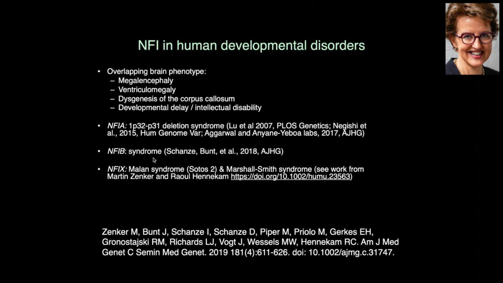And NF1X is associated with Malan syndrome and Marshall-Smith syndrome. And Martin Zenker and Raoul Heinkemann have this very nice review paper here on these different syndromes. This is the review paper down here.